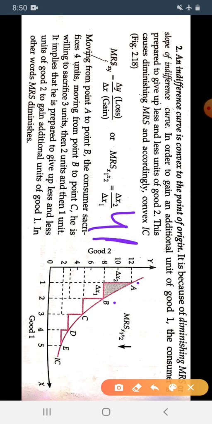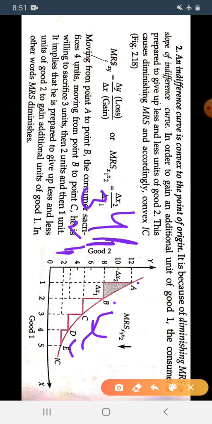Moving from point B to C, he is sacrificing only 3 units, from 8 to 5. Then 2 units, and then 1 unit. When we move from C to D, he is sacrificing only 2 units. From D to E, he is sacrificing only 1 unit.